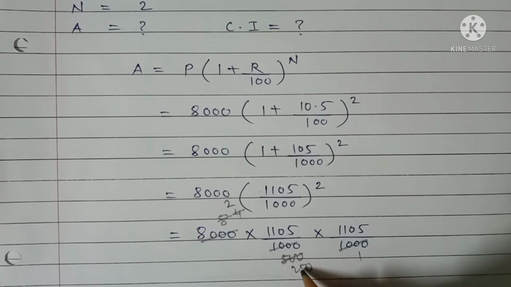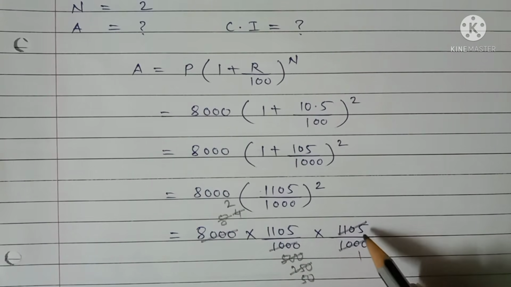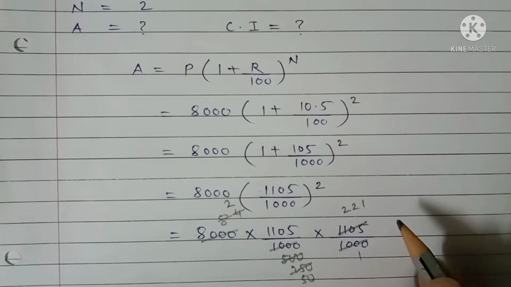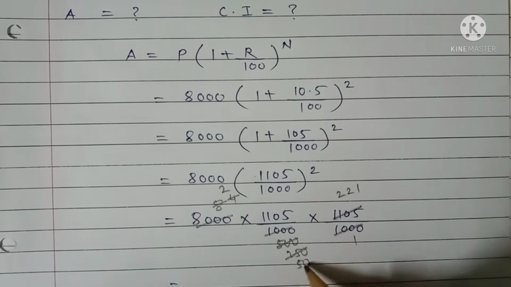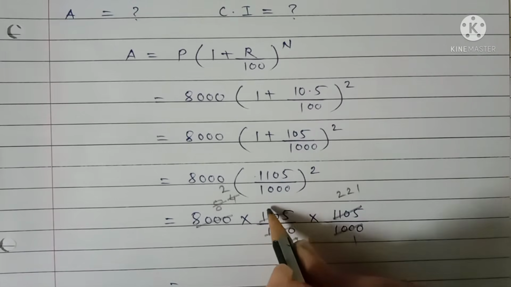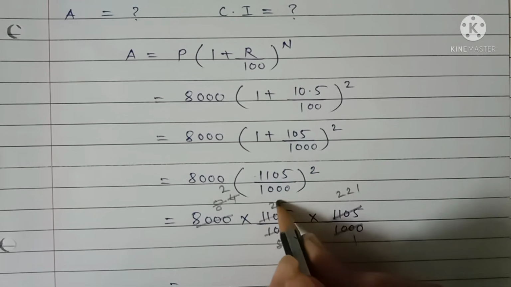Again here divide by 5. Divided by 5 it is 50. Here also divide by 5. 5 2s are 10. 5 1s are 5. If you divide by 5 here, 5 10s are 50. Divided by 5 it is 2 2 1.